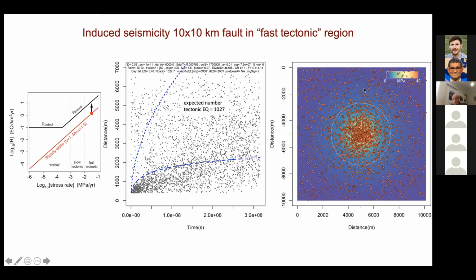But if you look at this figure, the map of the fault and where earthquakes would nucleate, you can see that this circle represents this detectable pressure change at the end of the simulation. But it's pretty hard, particularly late in the injection, to see what's going on.